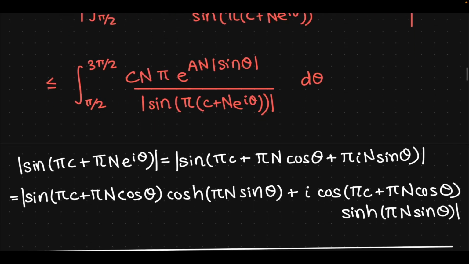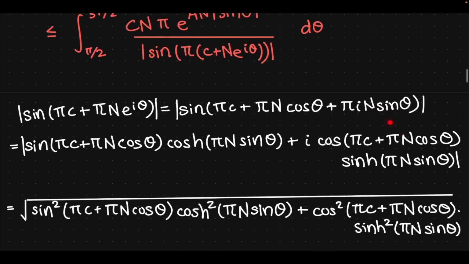Now let's just focus on the denominator, because now we have the absolute value of sine of pi c plus pi N e to the i theta, which I can write as the absolute value of sine of pi c plus pi N cosine theta plus i times pi N sine theta, for which I can use the compound angle formula for the sine of a plus b.